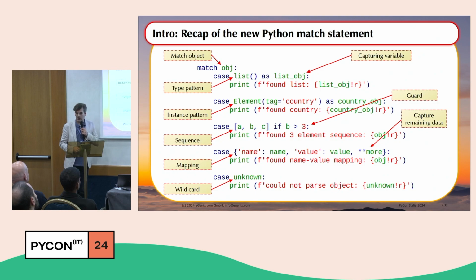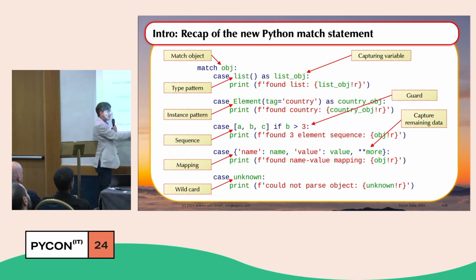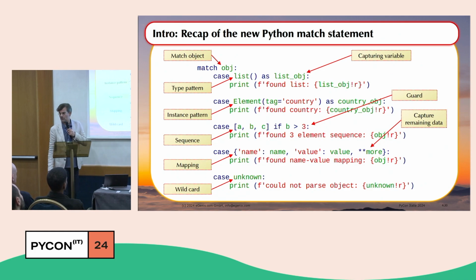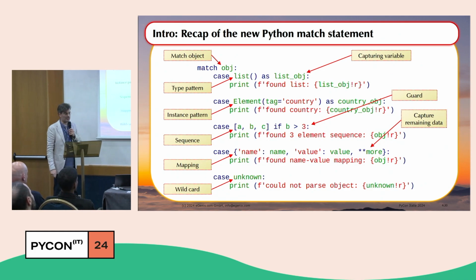Again, you have to be careful. This is not matching a Python list. It's actually matching any Python sequence, right? So if you put a tuple here as object, then it'll match as well. And same for the mapping pattern that you have down here. It looks like a Python dictionary, but actually it's not a Python dictionary. It's basically a mapping. So any kind of mapping gets accepted for this and gets matched by this.